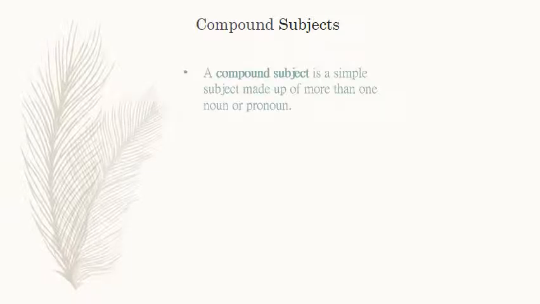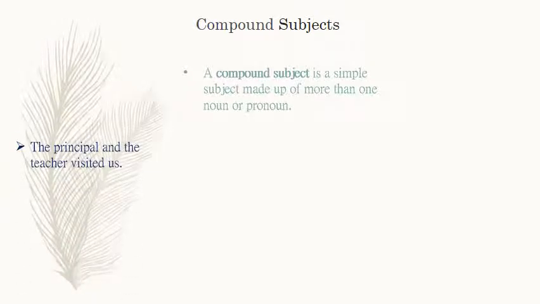A compound subject is a simple subject made up of more than one noun or pronoun, or in other words, it's the subject that contains more than one simple subject, more than one noun or pronoun. So when I say compound subject, I mean the subject that has more than one noun or pronoun.